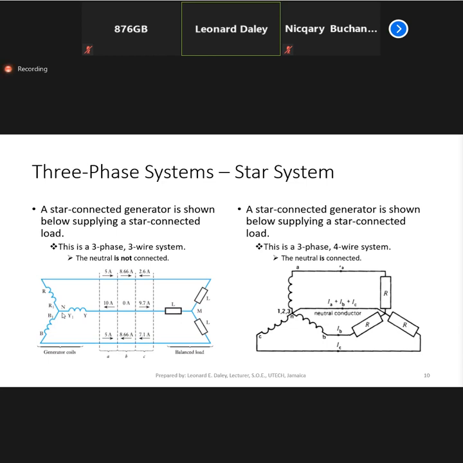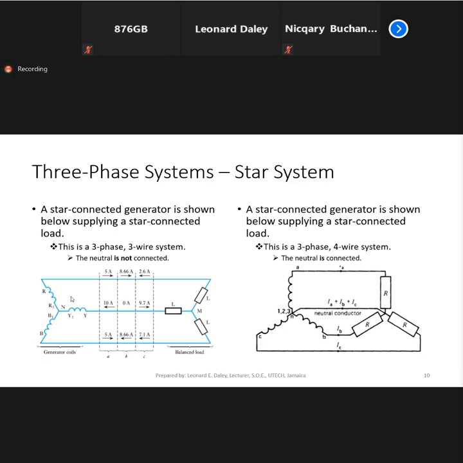So you're always going to find that you have a closed circuit. Current leaves the generator, but it's also coming back to the generator from the load.